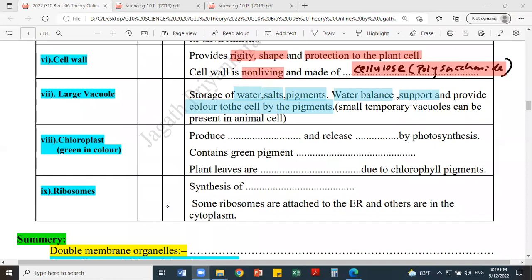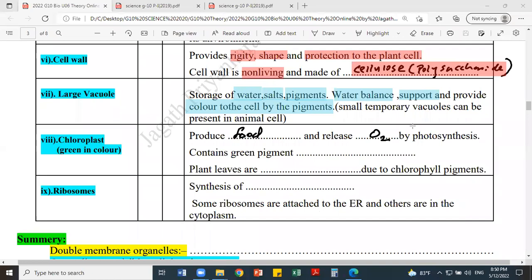Number 8, chloroplasts, right, produce food and release oxygen. They produce food, or glucose, and release O2 by photosynthesis.